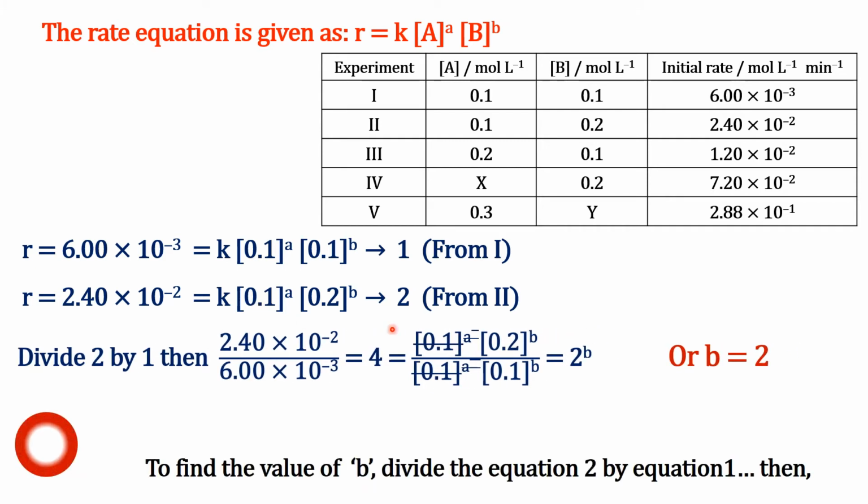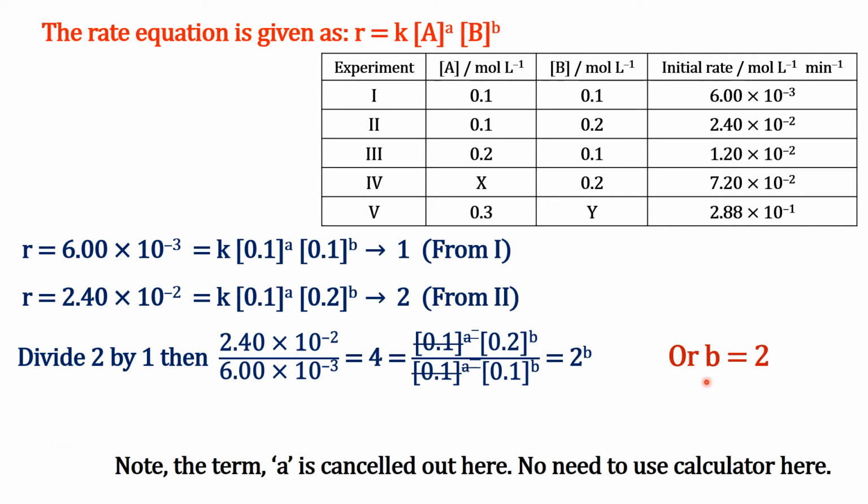To find the value of b, divide equation 2 by 1. Then 2 to the power b is equal to 4, so b is equal to 2. Note the term A is cancelled out here, and there is no need to use any calculator.